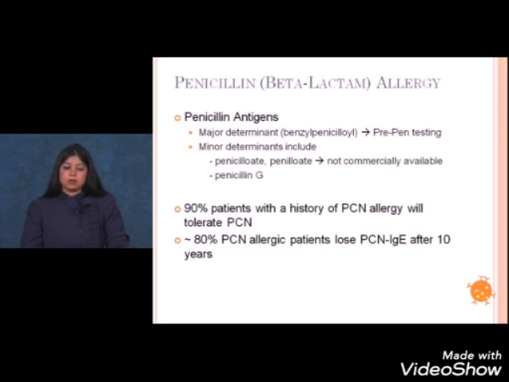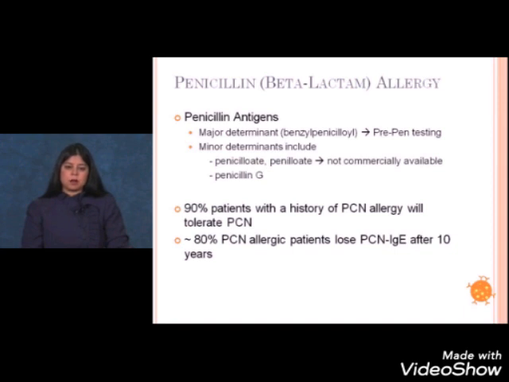And we do penicillin skin testing in the office. Major determinants, we have a pre-pen testing, which is a commercially prepared skin testing extract that includes the major determinant. And then the minor determinants include penicilloate, penilloate, and penicillin G.